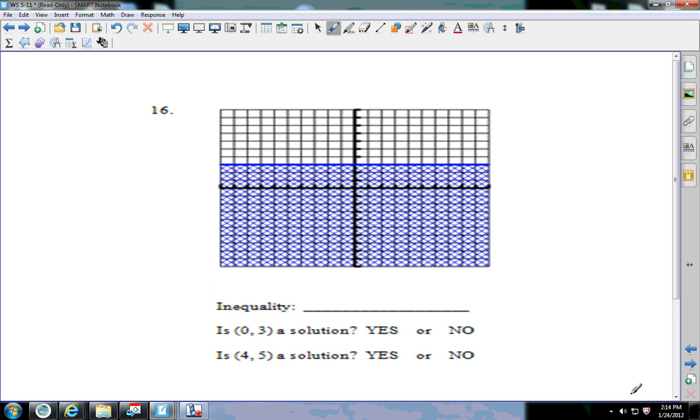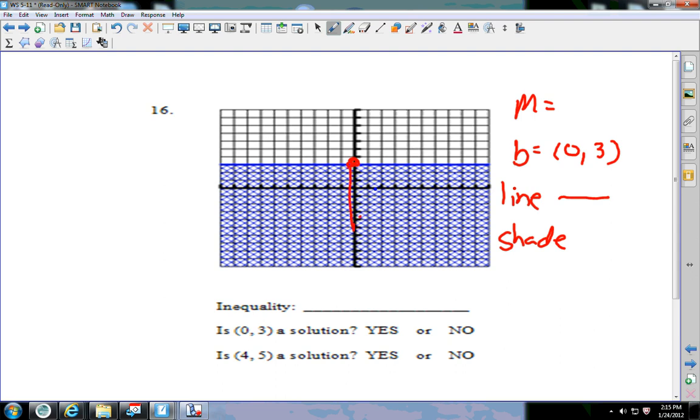Here's the next one. Wants us to find the inequality. Well, let's look over here. I've got m equals, b equals. I've got to have the line and the shading. b, the y-intercept, right here. 1, 2, 3. 0, 3. Now the line is solid.